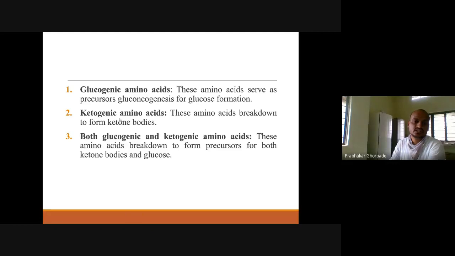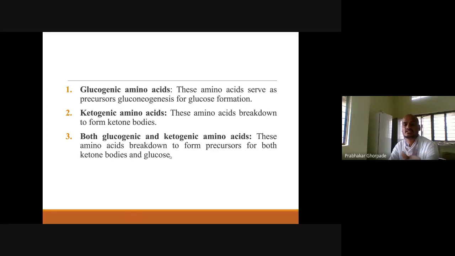So that is a ketogenic amino acid. We have seen leucine and lysine are exclusively ketogenic amino acids. Both glucogenic and ketogenic amino acids break down to form precursors for the ketone bodies as well as glucose, right?